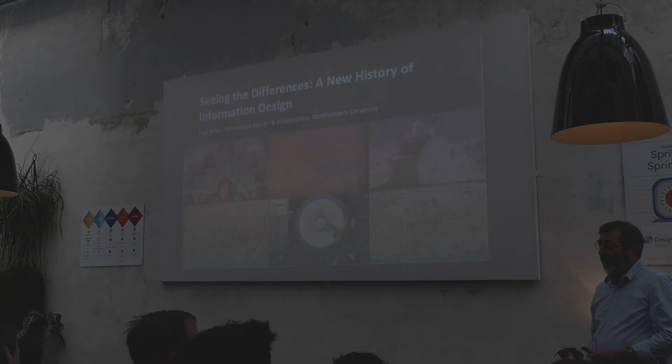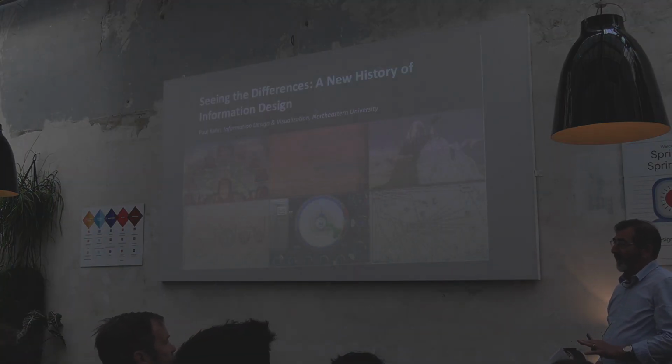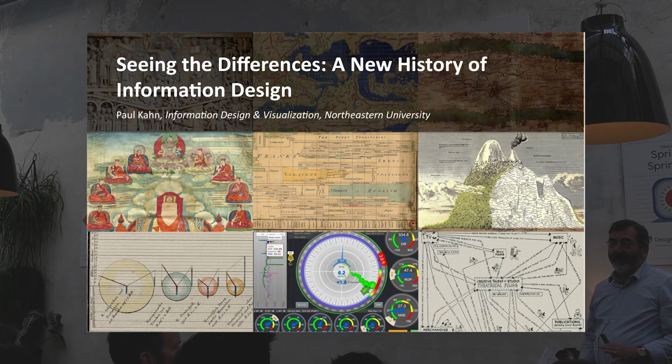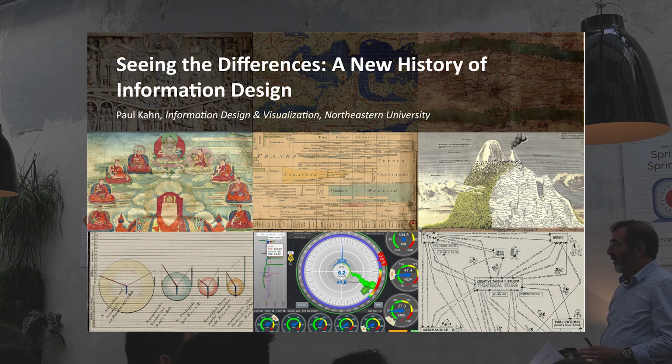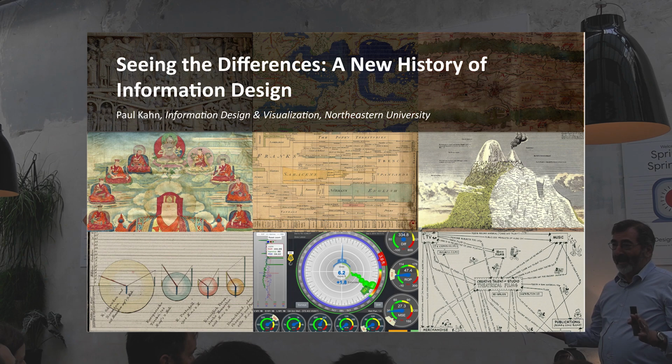So I'll give you one brief context for this talk. I have been teaching a course on information design history at Northeastern University in Boston for about 4 years now. This is a one-semester course, and I put together this talk, about 50 minutes, by trying to compress everything from this one-semester course.